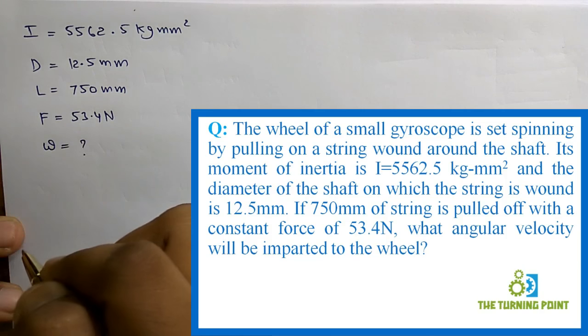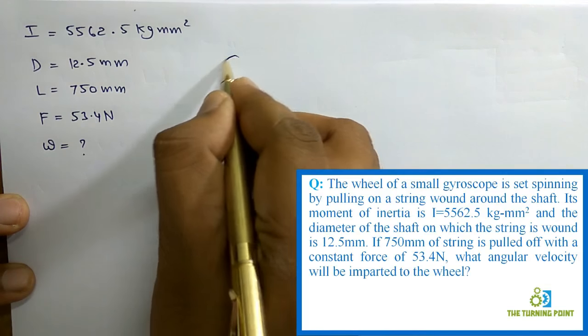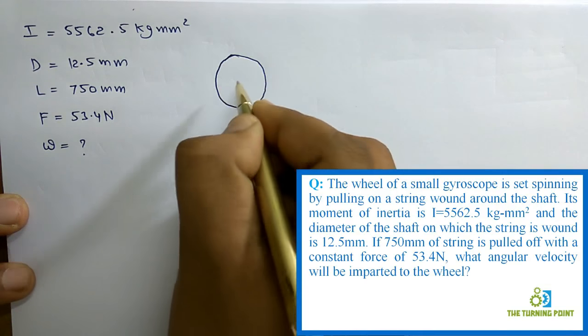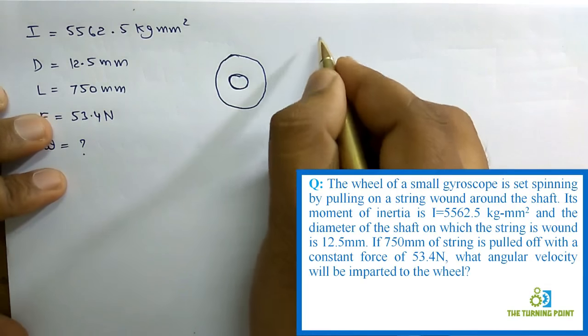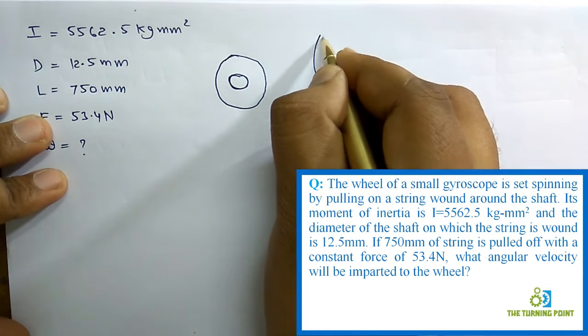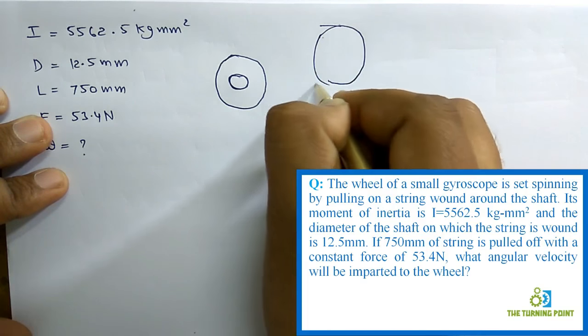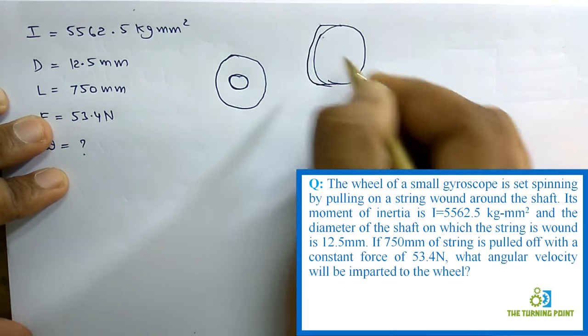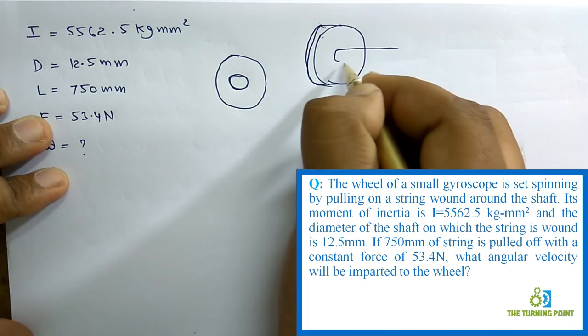So here the figure of the problem is not given, so you need to draw the figure. So let us consider this is the wheel. To the wheel there is a shaft. So in 3 dimensions it will be like this. So there is a wheel like this, and to the wheel there is a shaft like this.